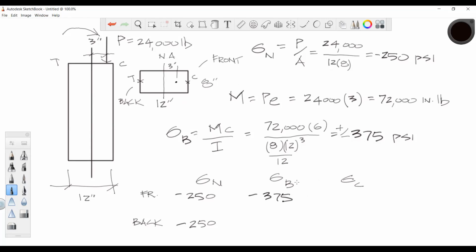You can call compression negative or positive. It doesn't matter as long as you're consistent, okay? So the way I always do it and the way the book always does it, I always consider tensile stress is positive and compressive stress is negative, okay?